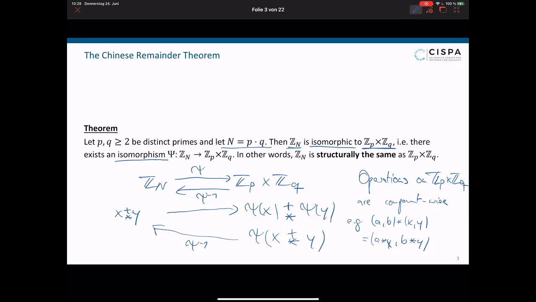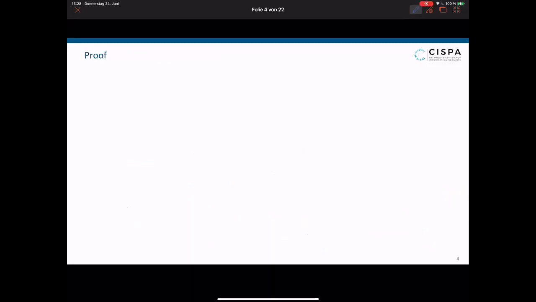You have a planet with a period P and a planet with a period Q, and now you want to find out at which day those two planets are in alignment. You can actually use the constructive version of the Chinese remainder theorem to compute that. So the origins of this are actually astronomy, right? Astronomy in ancient China.